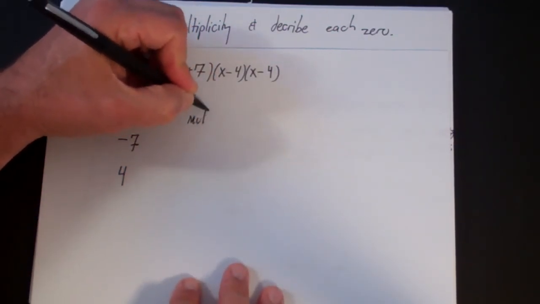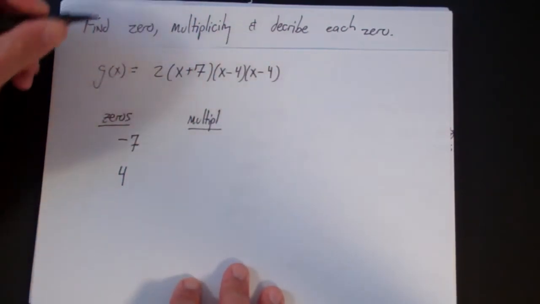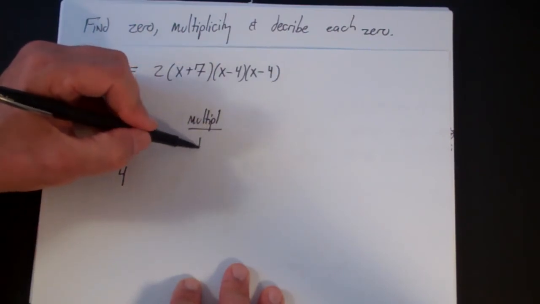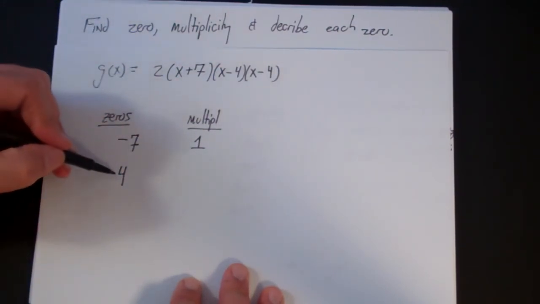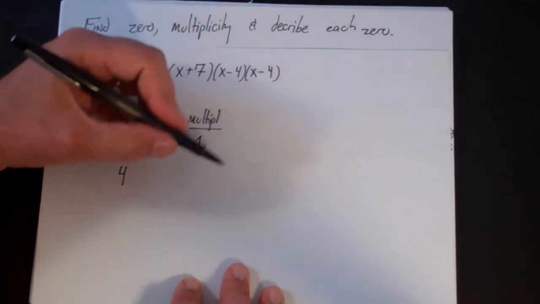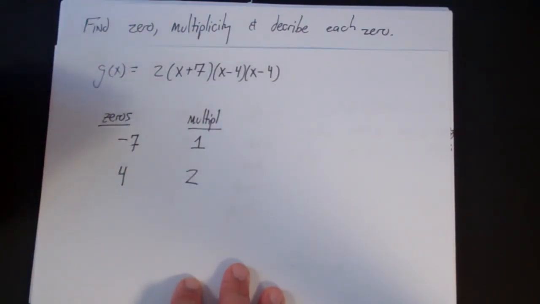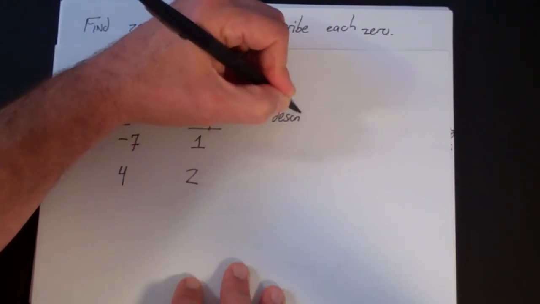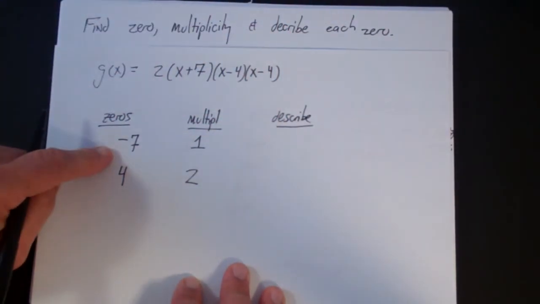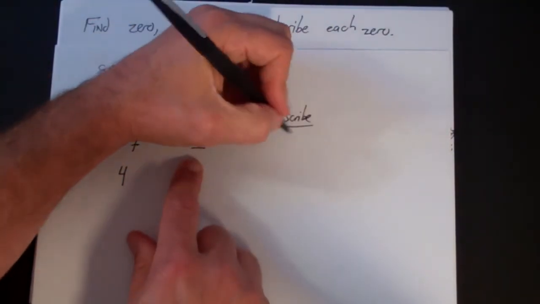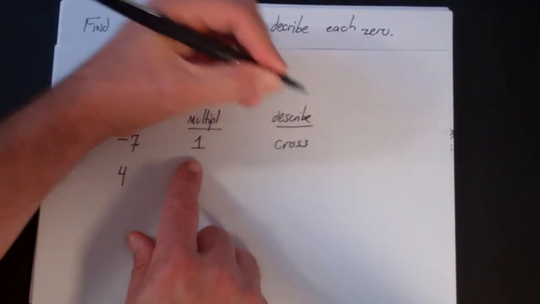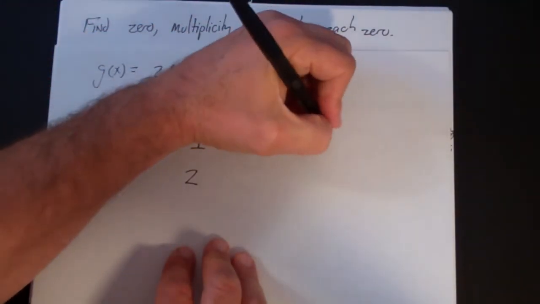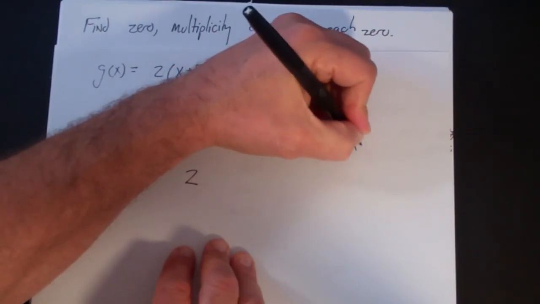Let's look at the multiplicity. -7 is a zero once, so it has a multiplicity of 1. Whereas 4 is a zero twice, so it has a multiplicity of 2. Let's describe it. To describe it, -7, since it has a multiplicity of 1, is going to be a cross. In other words, it's going to cross the x-axis at that point.